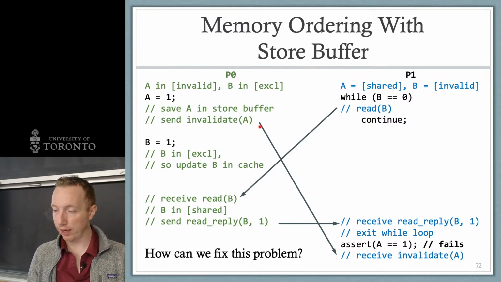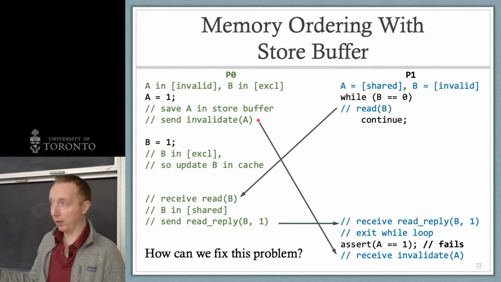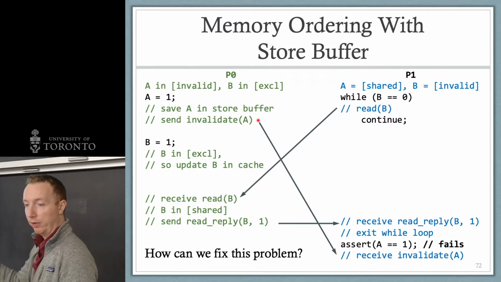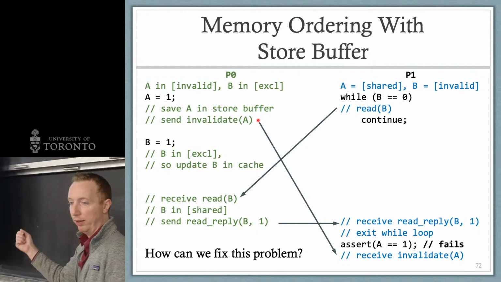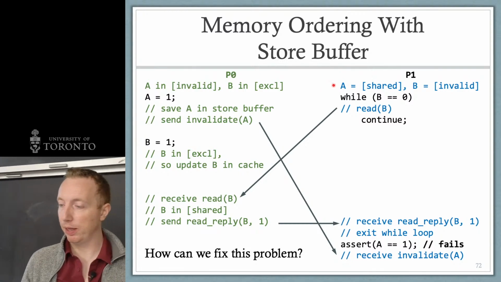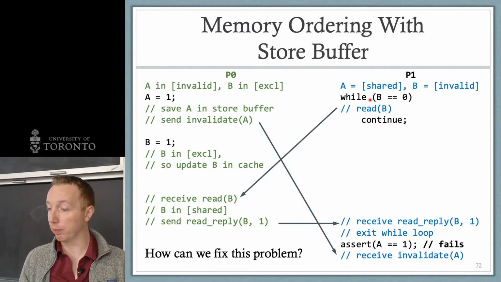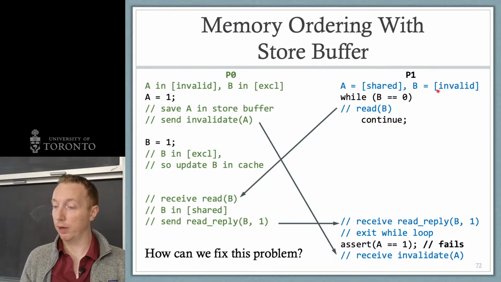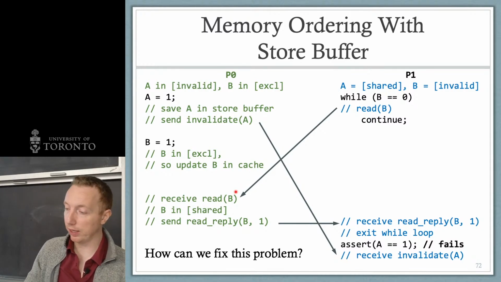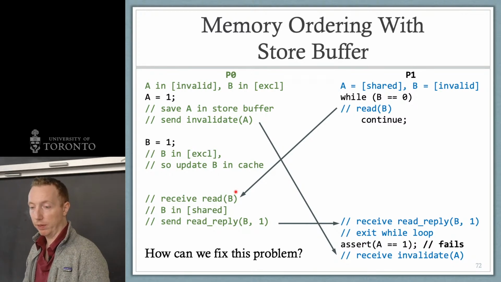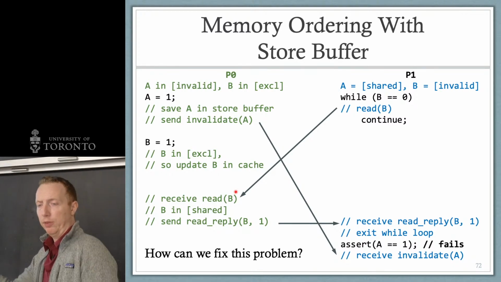And in this case, since that invalidate request has not been acknowledged, what might happen is P1 executes, it would read B. Oh, B's invalid, so it would go ahead, receive a read B. B would just go to that shared state. Actually, no, sorry.